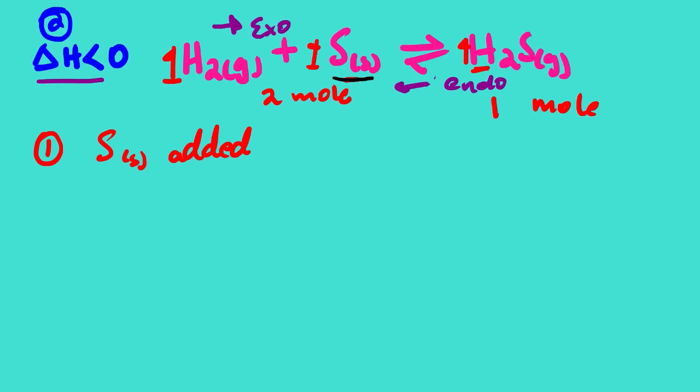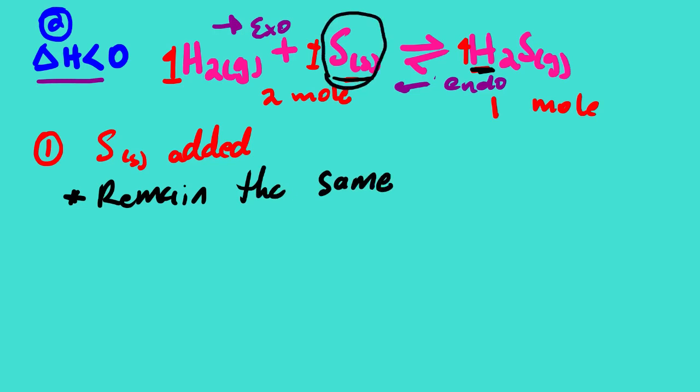Now you should know that whenever we add a solid phased substance, the number of moles of our product will not be affected. So in this case, our answer is it will remain the same. This is applicable to all the addition of solid phased substances.